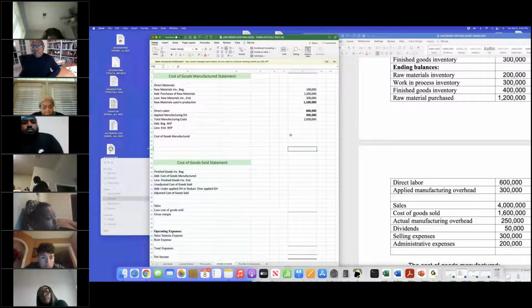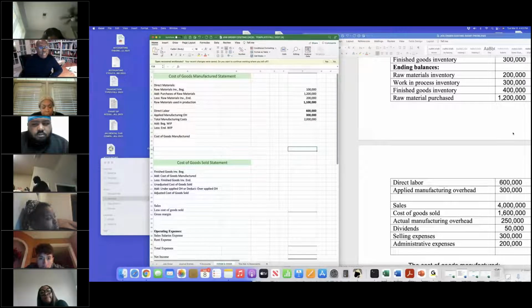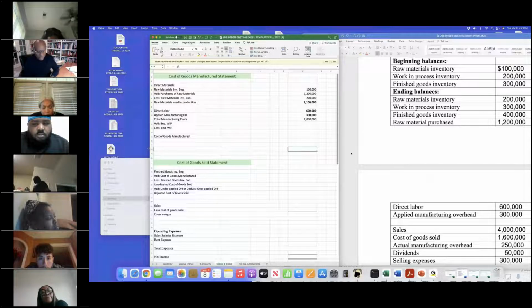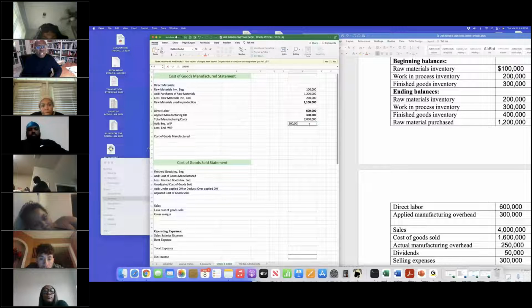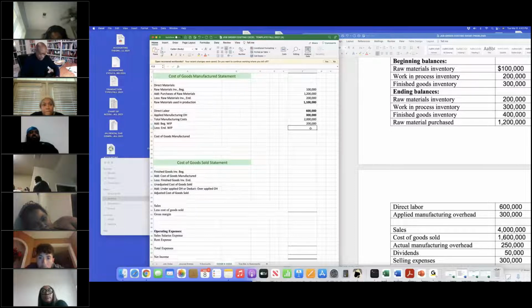Add the beginning work in process inventory. So we had 200,000 in the beginning. We're going to add that, so we're up to 2,200,000. Then it says subtract the ending work in process, which is 300,000. So what then is our cost of goods manufactured? How much did it cost us to make those items? 1.9 million.